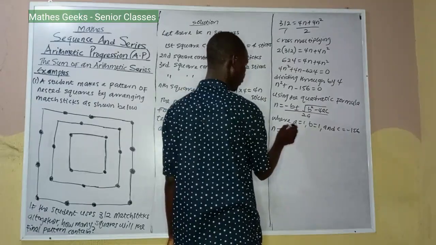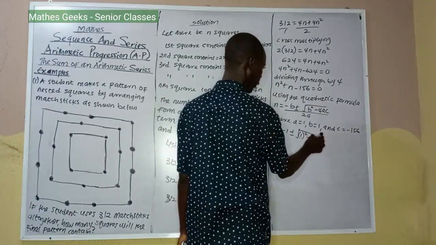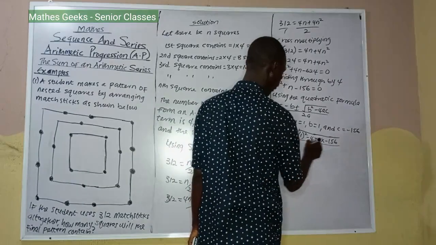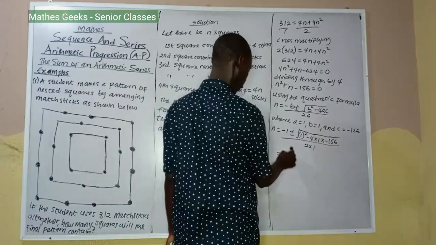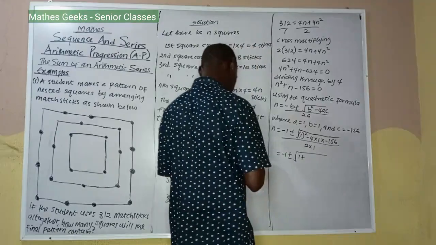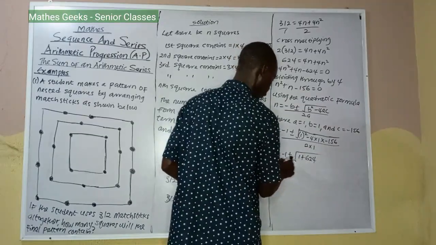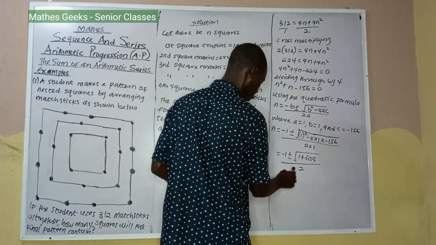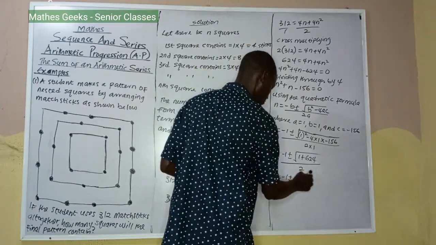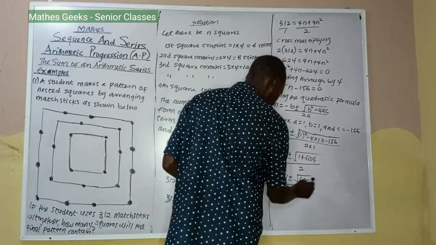So n is equal to minus 1 plus or minus the square root of 1 squared minus 4 times 1 times minus 156, over 2 times 1. That is 1 plus 624, which gives us 625.